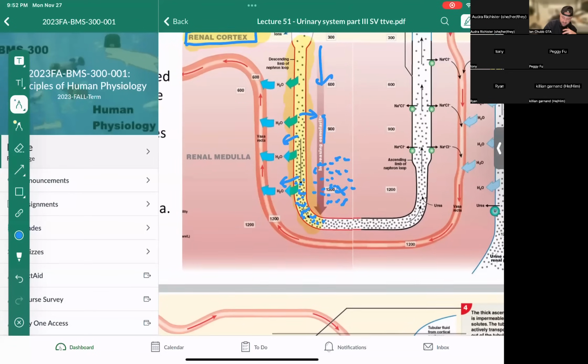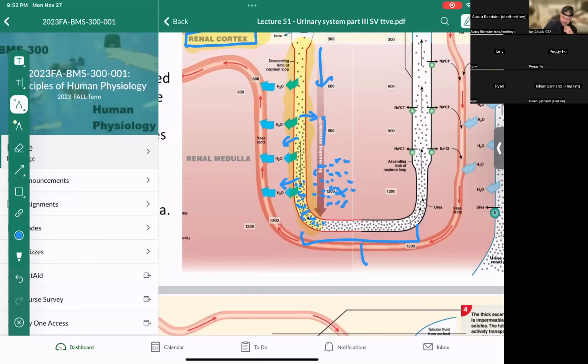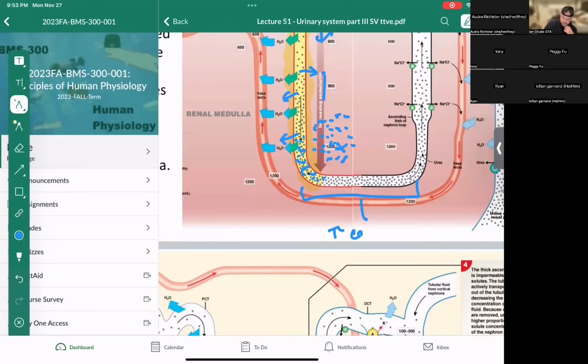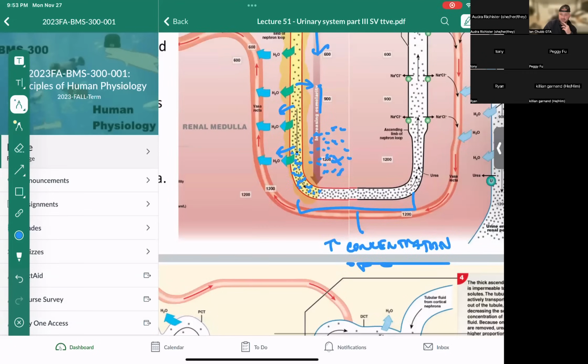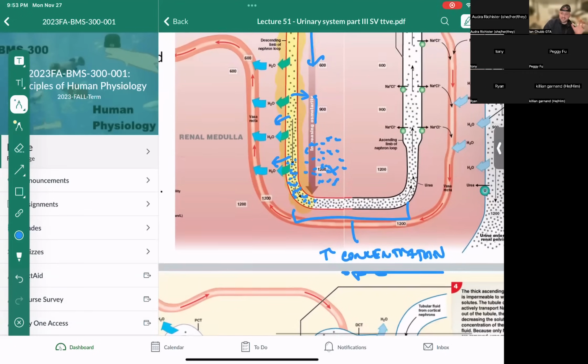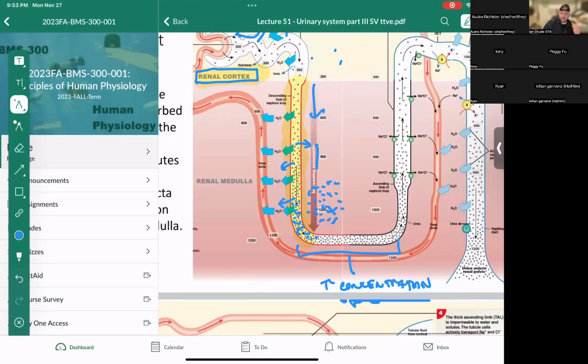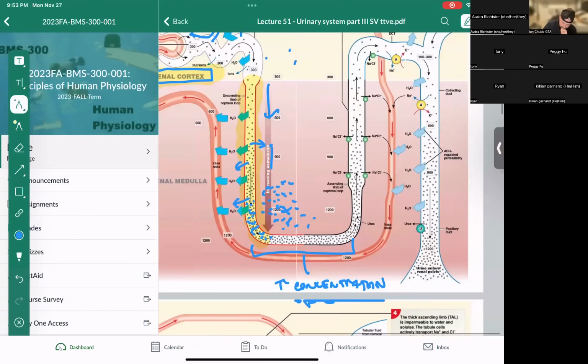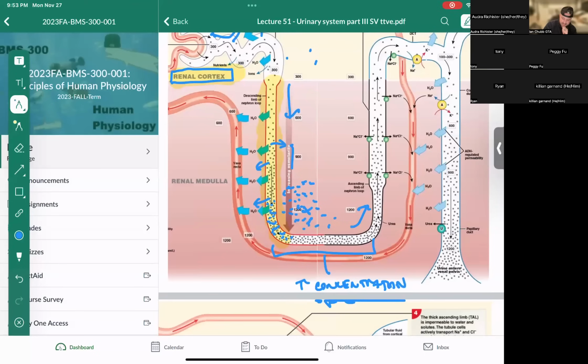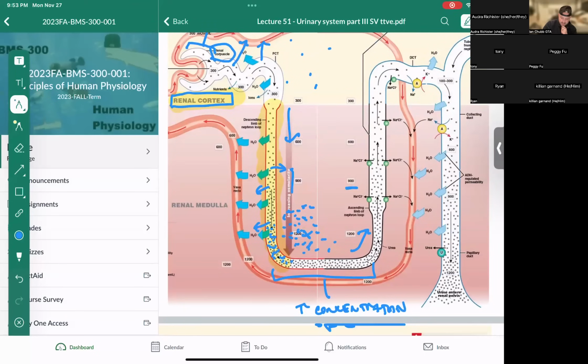So when we look at the hairpin turn, this is going to be the highest concentration of solute. Oops, it's not really working. Highest concentration is down there. So it's pretty salty at the bottom there of the hairpin turn and on the outside, and we want those two environments to match. But now as we start to ascend, we're now losing saltiness, right?